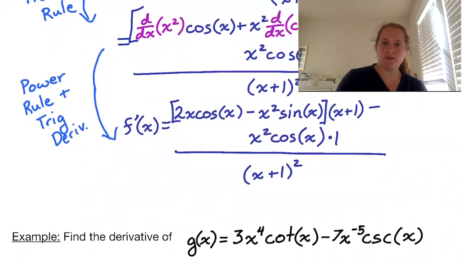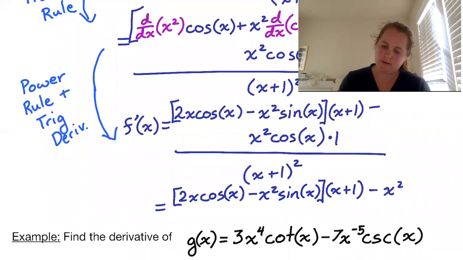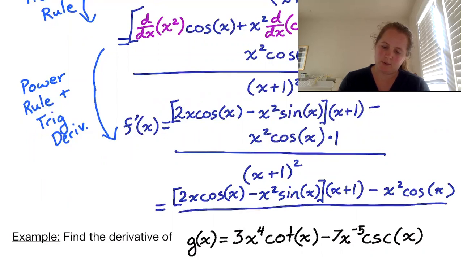In other words, this is all equal to 2x cosine x minus x squared sine of x, times x plus 1, minus x squared cosine of x, all over x plus 1 squared.